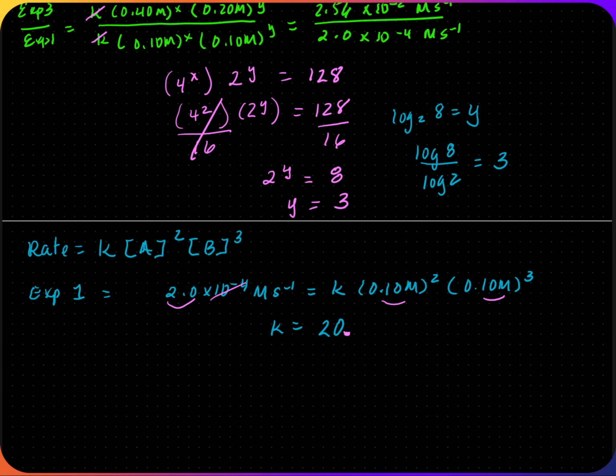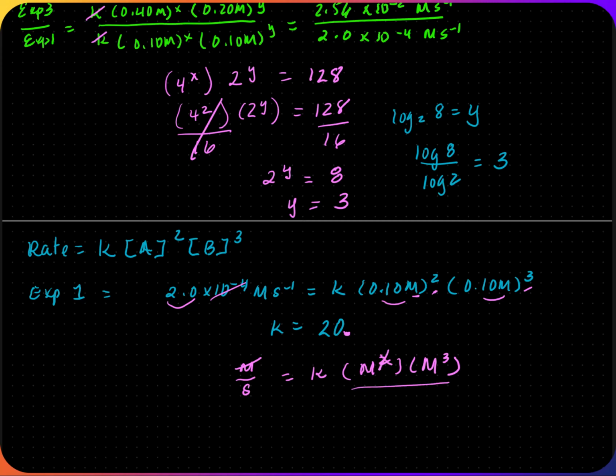So now let's calculate the units. On the left side, the unit is molars per second. We're looking for the K units. On the right side, it's going to be molar squared because it's a molar and you have to square it. And then times molar cubed because you have to cube it. So I could simplify one of the molars.